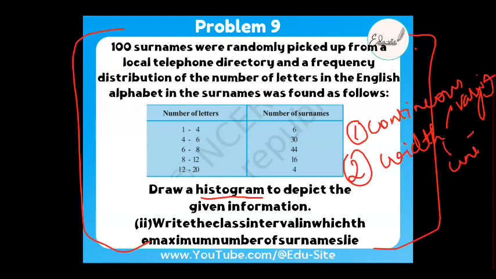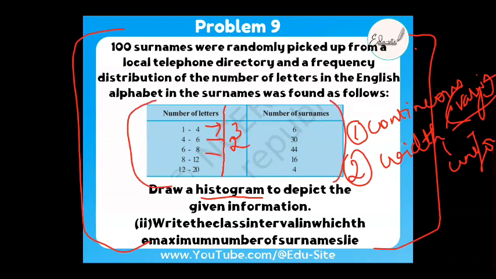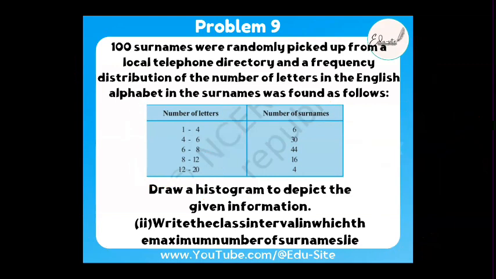You have to check both. If uniform, then it's the same as the previous one. If varying, check how it varies. From 1 to 4, what is the width? 4 minus 1 is 3 width, right? 4 to 6, 2 width. Correct?